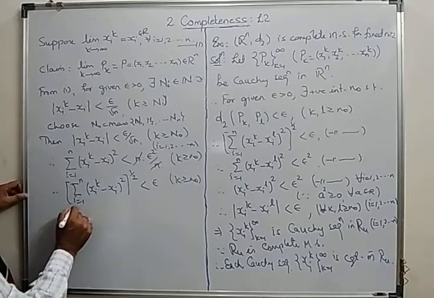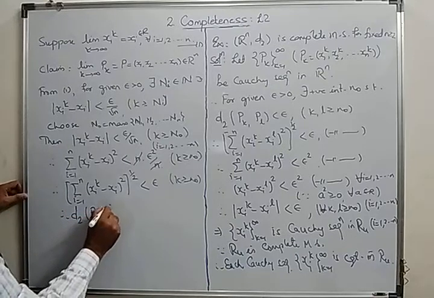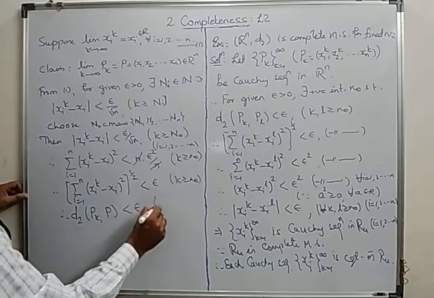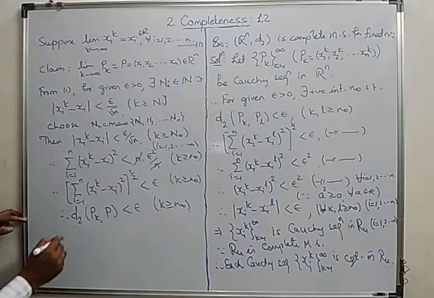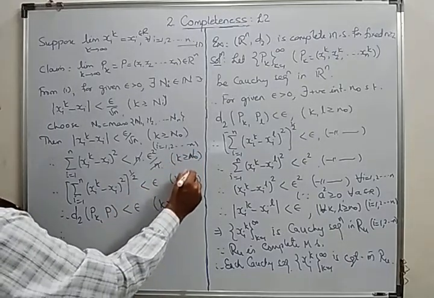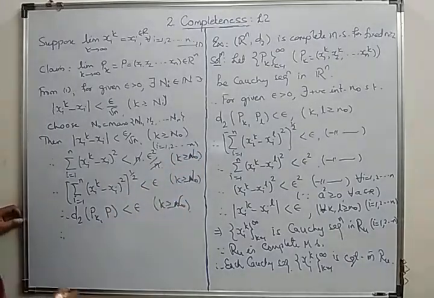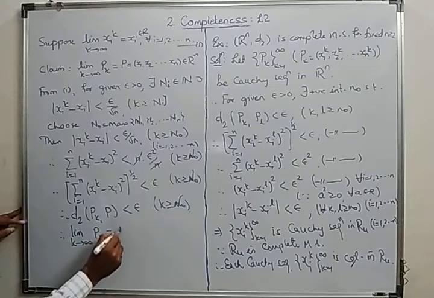And therefore, d2 of Pk, p is less than epsilon for every k greater equal n naught. Sorry, here n is taken to be capital. This implies the limit k tends to infinity of Pk is equal to p.